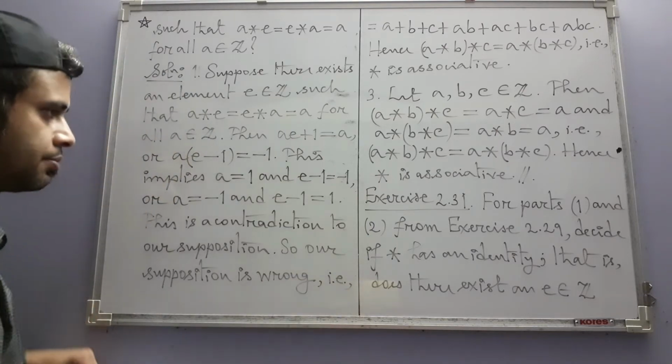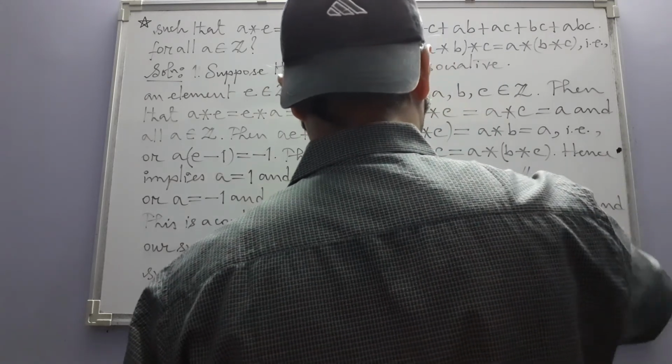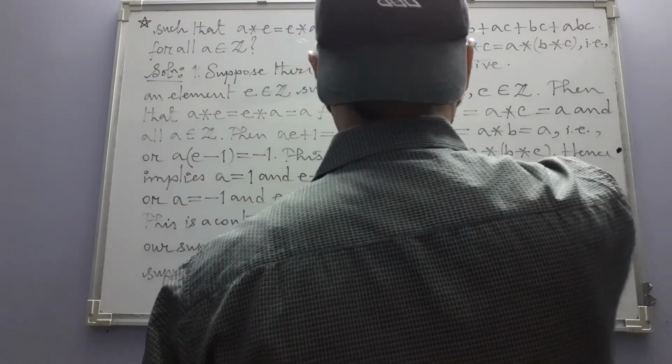That is, there is no such element E, and hence there is no identity.